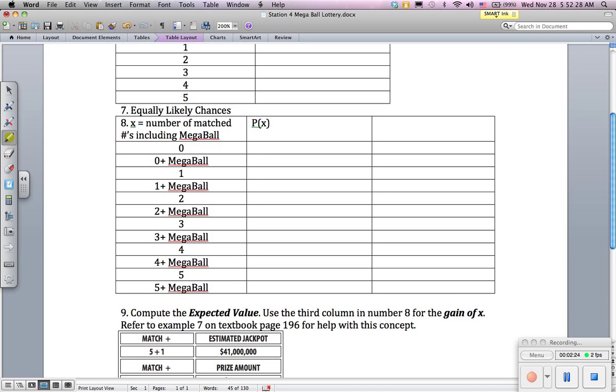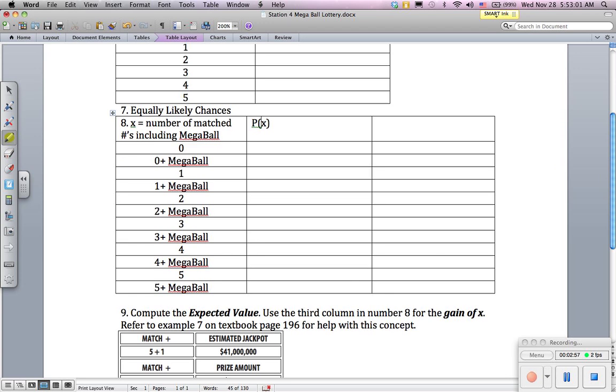Number 8, you have to redo what you did in number 6, except this time you have to take into consideration the mega ball, and the mega ball changes the sample space in the way that I've shown here. Instead of just having 6 outcomes, you now have 12 outcomes, because you could match 0 of the 5 numbers, or you could match 0 of the 5 numbers and match the mega ball.